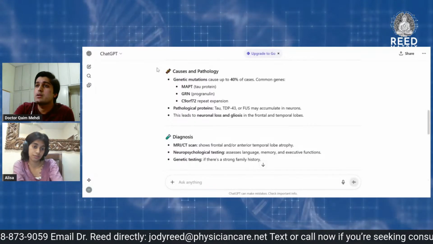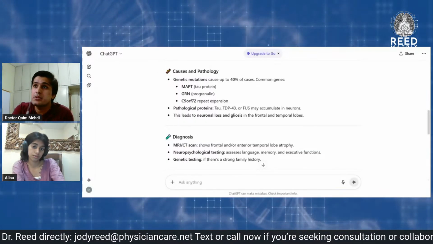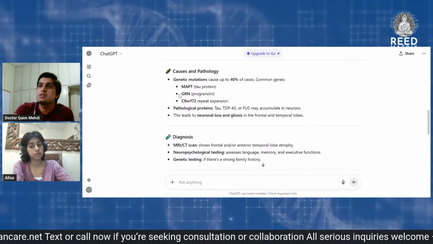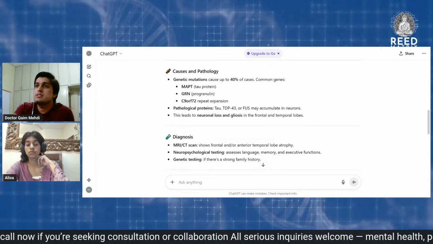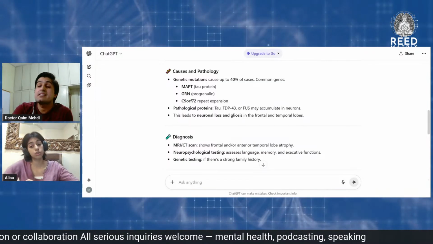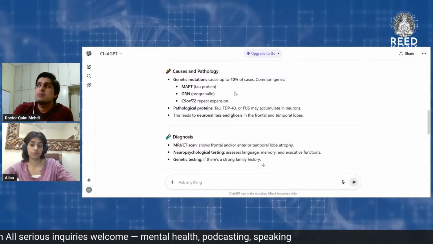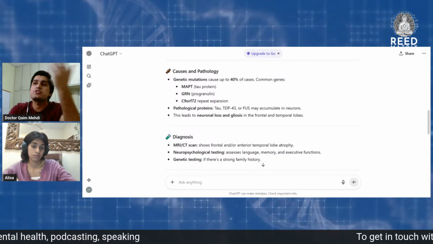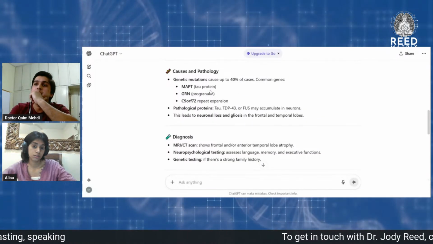Yeah, so now if we talk about the causes and pathology, why it happens and how it happens, then genetic mutations cause up to 40% of cases. So almost 50% of the cases are caused by genetic mutations.